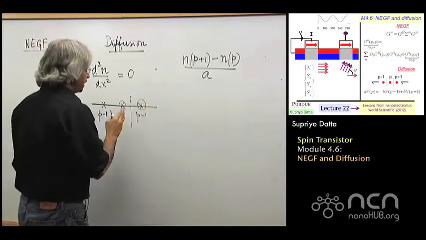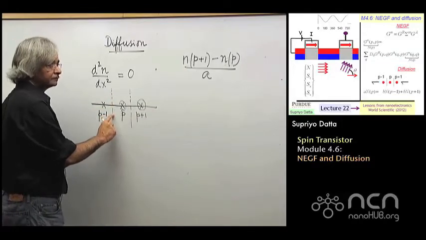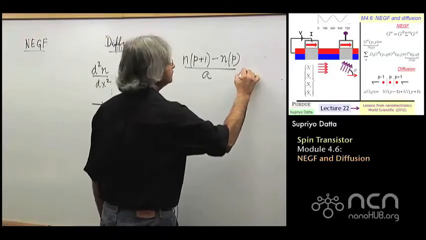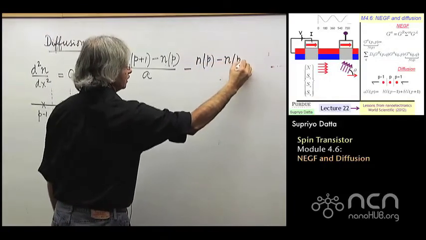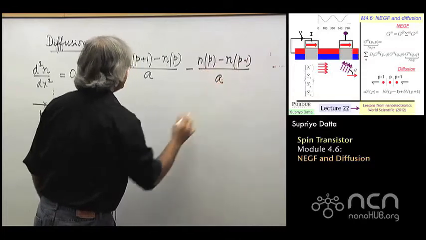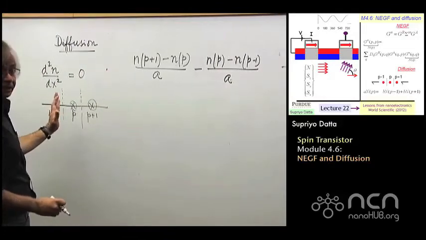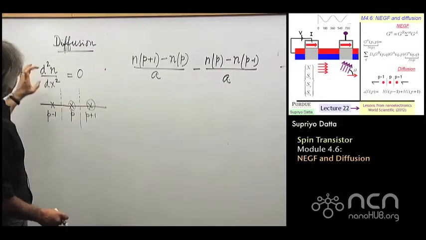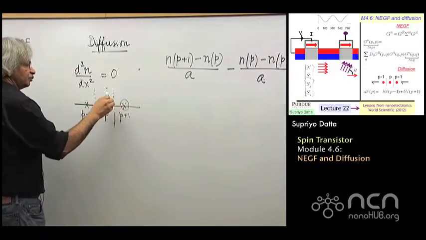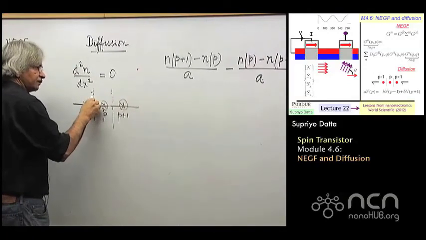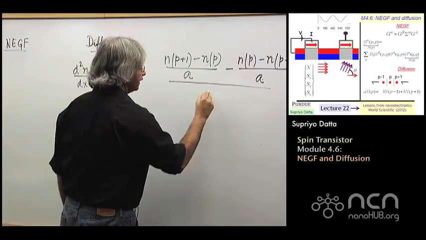And from it you can subtract the dn dx around here, and that would be like n of p minus n of p minus 1 divided by a. So this would be like the dn dx here, and the second term would be like the dn dx over there. And d2n dx2 is obtained by taking the difference between the two, whatever dn dx is here minus whatever it is here. Okay? And so that's what I've written here. And then divide the whole thing by a.